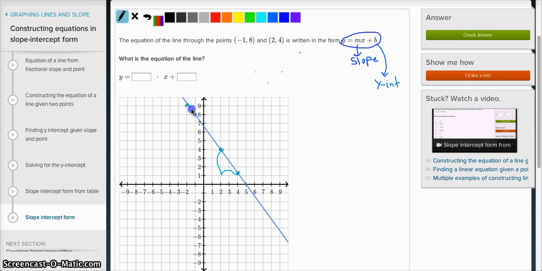If I take these 2 points, the amount y changes compared to the amount x changes is the same. So even though these are way bigger lines, compared to each other, it's the same ratio as these 2 points, or if I did these 2 points.